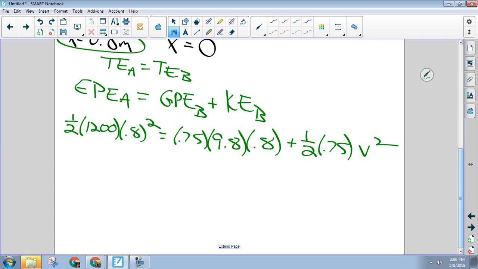Good? And then solve it. And hopefully that gives you the answer that's on the sheet. Does it? Okay. 31.8 meters a second, right? Okay, so the answer on the sheet was correct, despite some initial confusion.